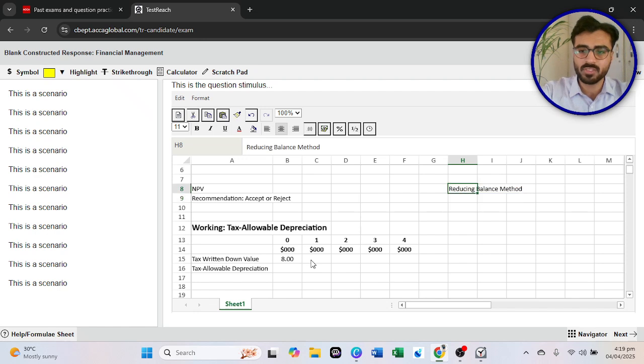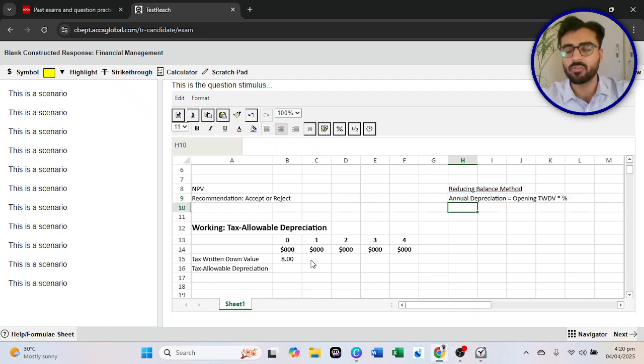If you have to solve the question using the reducing balance method, the annual depreciation would be equal to the opening net book value in the case of accounting, and in the case of taxation, the tax written down value, TWDV, multiplied by the depreciation percentage that would be given in the question. So annual depreciation is calculated like this when the reducing balance method is used.